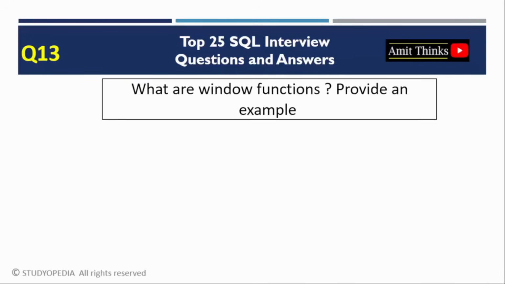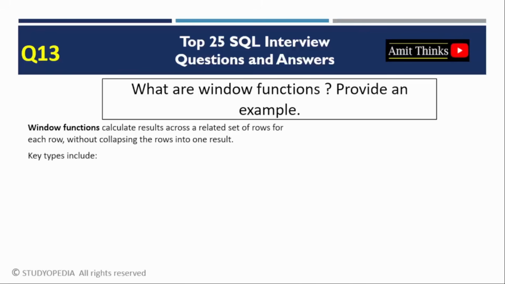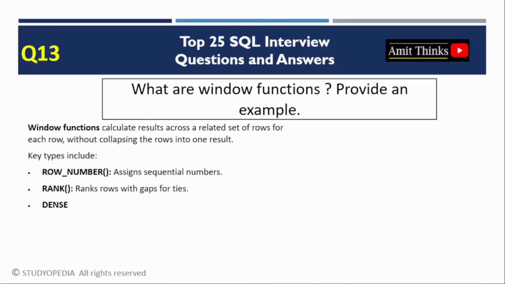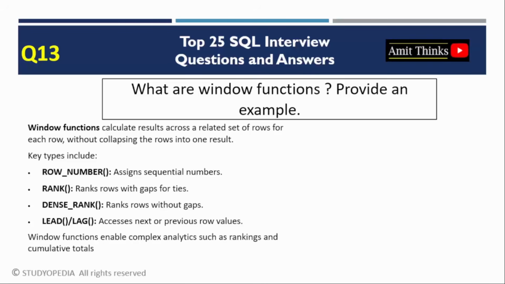Question 13. What are window functions? Provide examples. Window functions perform calculations across a set of rows related to the current row without collapsing groups. Common functions include row_number to assign a unique sequential number, rank to assign ranks with gaps for ties, dense_rank to assign ranks without gaps, lead and lag which can be used to access next or previous row values.